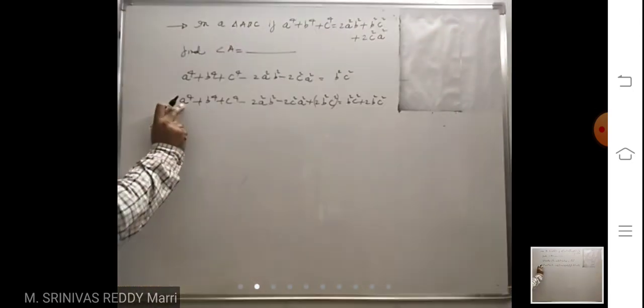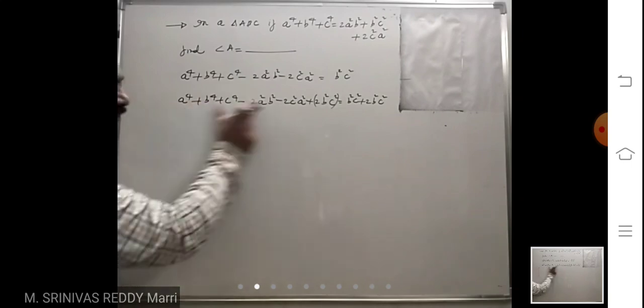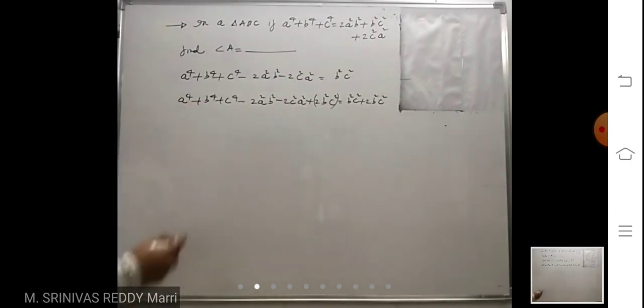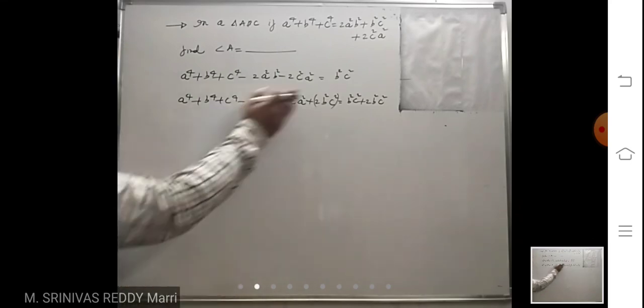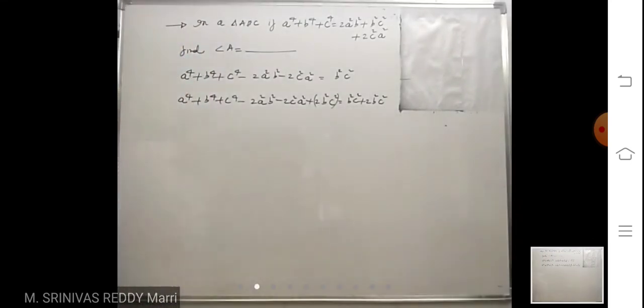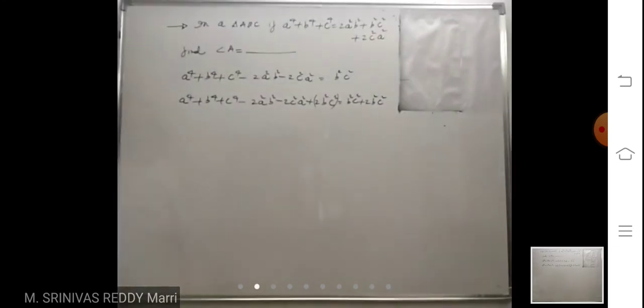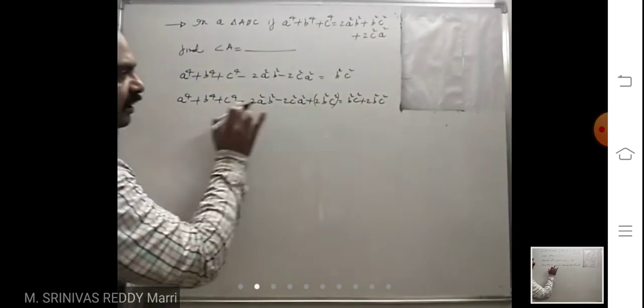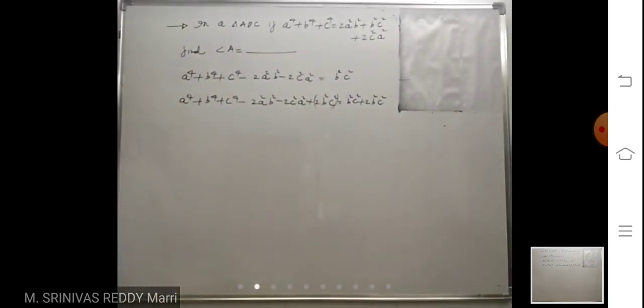Now this is just like a plus b plus c whole square. Two minuses are there, one plus is there. You cannot write a plus b minus c whole square if two minuses are there; only one minus at most. I want to write it as a plus b plus c whole square. For which term do you take minus?